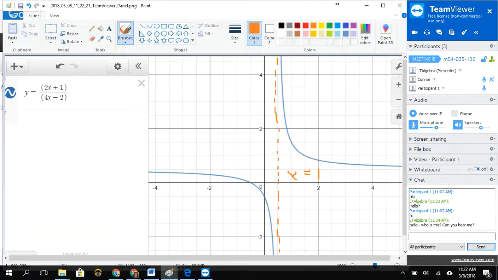But that's not quite right. Maybe I need to scroll in. Oh, no, my scale is off. This is 1 right here. This is 1/2. X equals 1/2 is where I have an asymptote.